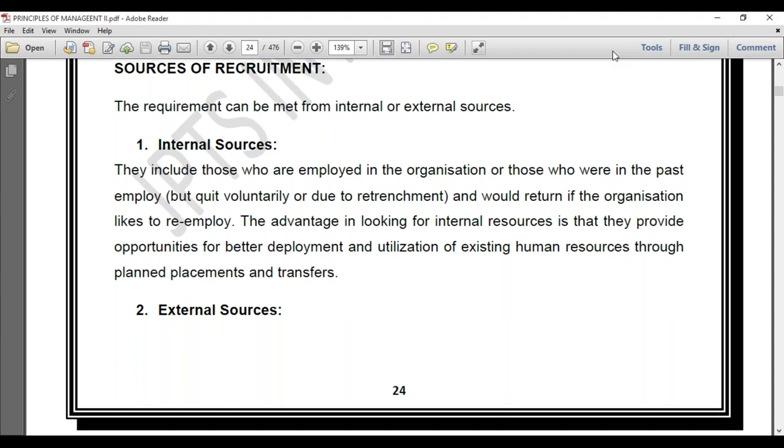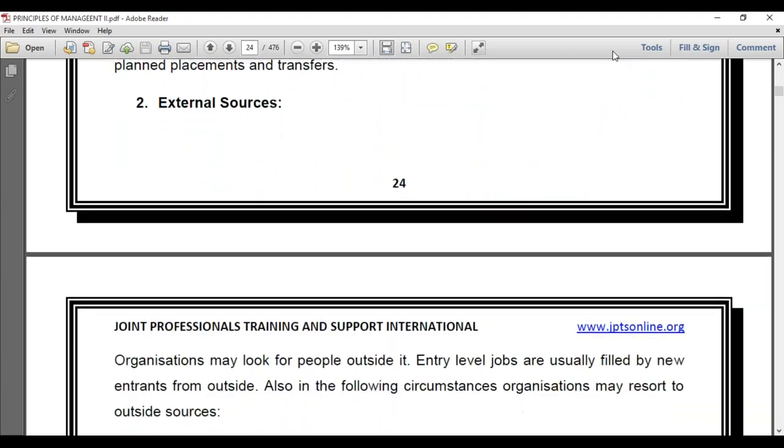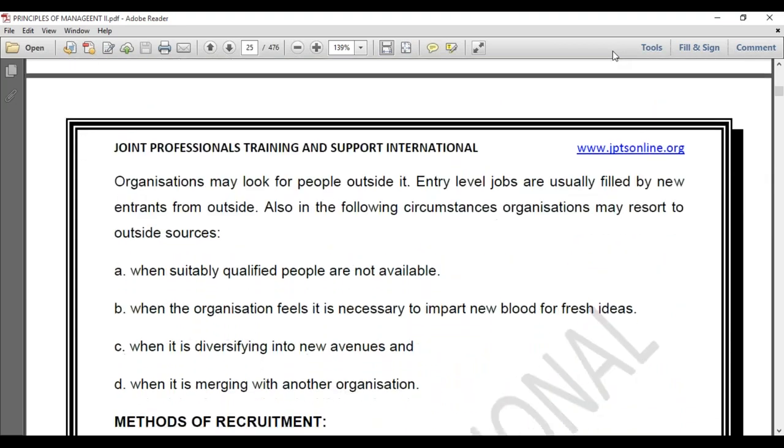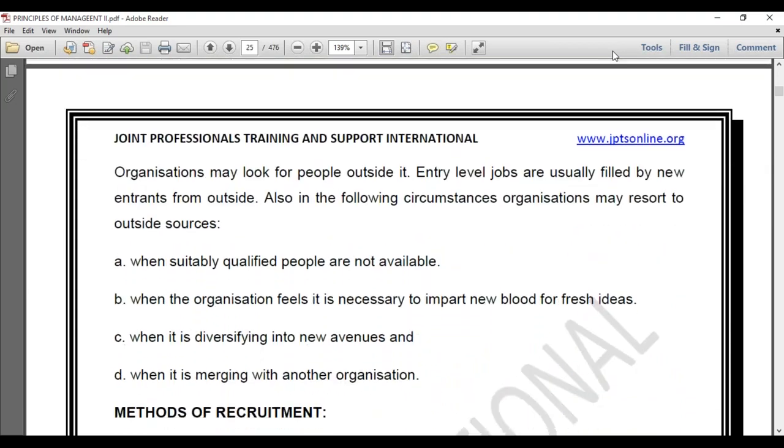Another source is external sources. By external sources, we are looking at a situation where the human resource department moves outside in the course of recruiting the right kind of people for the job. This idea of moving externally guarantees suitable qualified people.